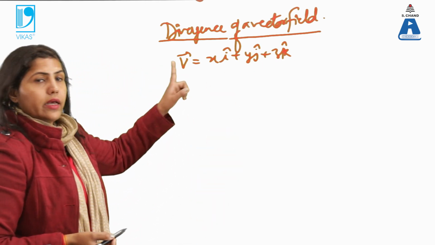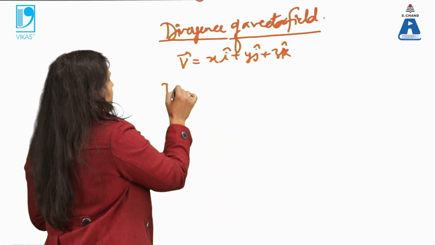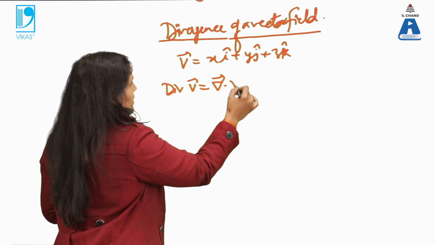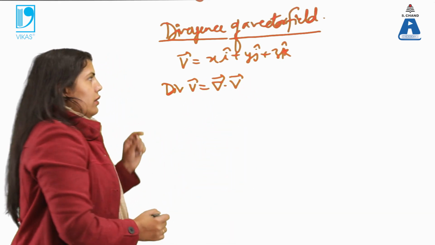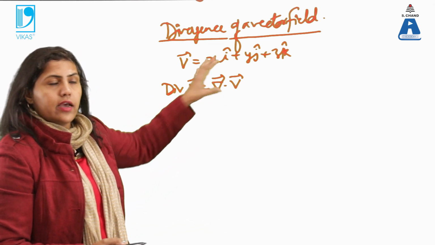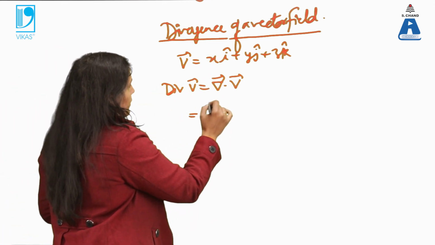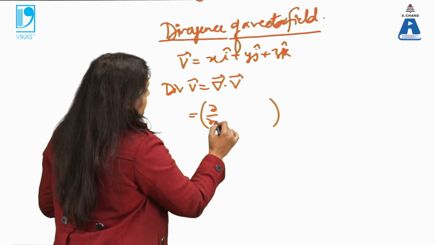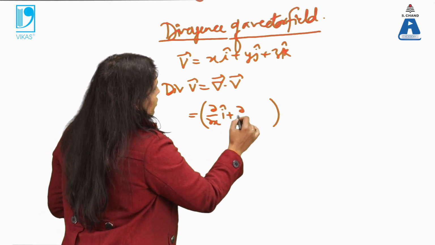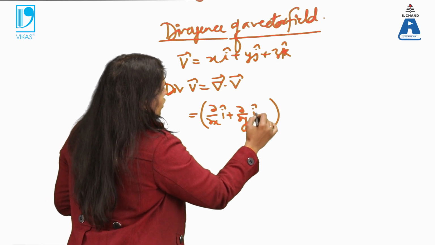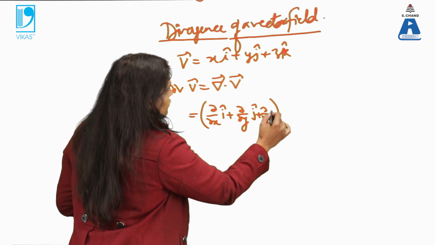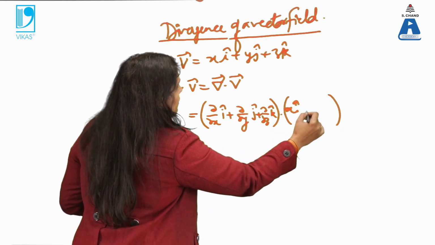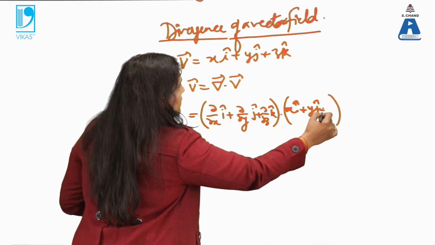Now the definition of divergence is, divergence V we write, or we say del dot V. It means the dot product of del with the vector field is the divergence, and you study the dot product in your 12th class. So dot is basically the component wise product of the two vectors. So this is my first vector del, then this is my vector field given.